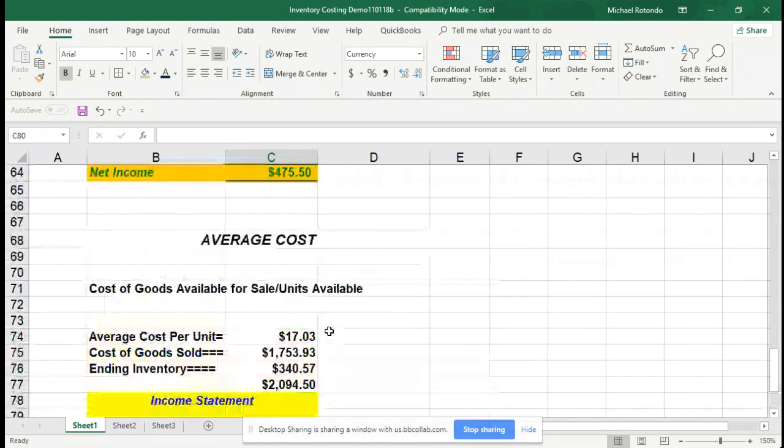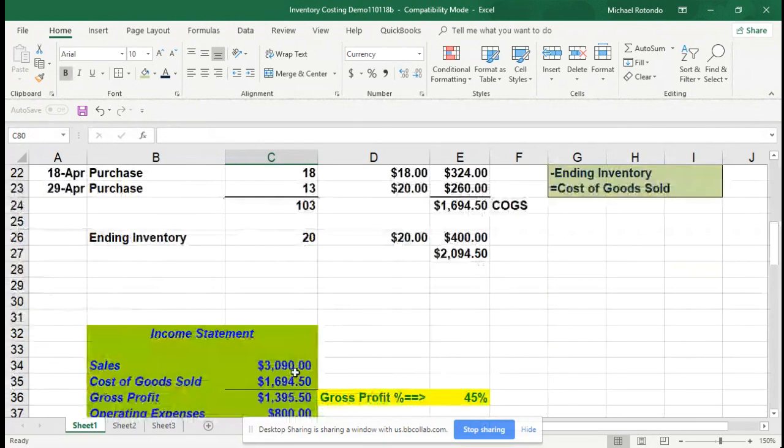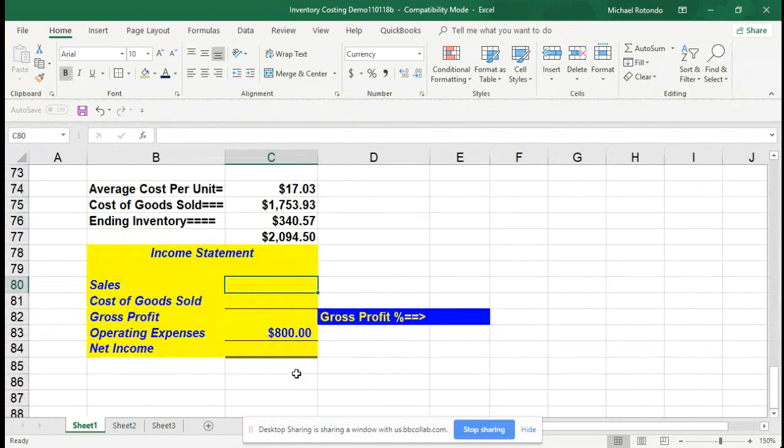We know the sales are going to be the same as we've used before, the 3,090. Our cost of goods sold, we just calculated as 1,753.93.